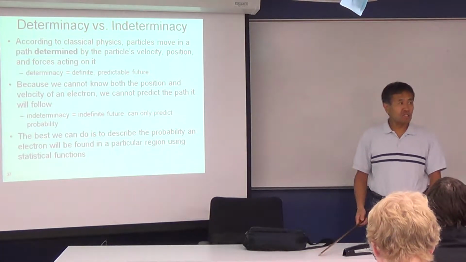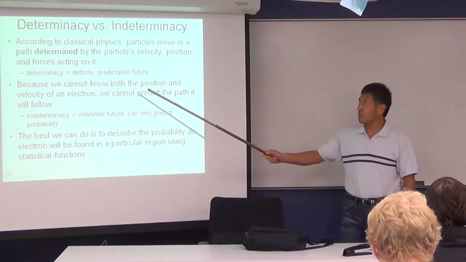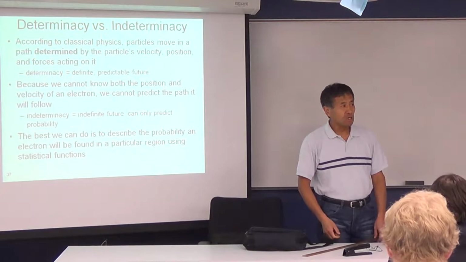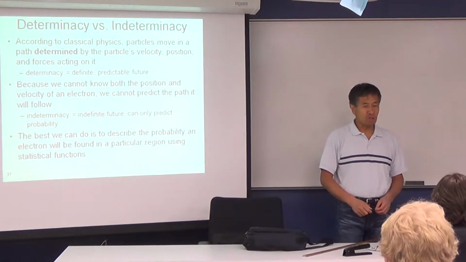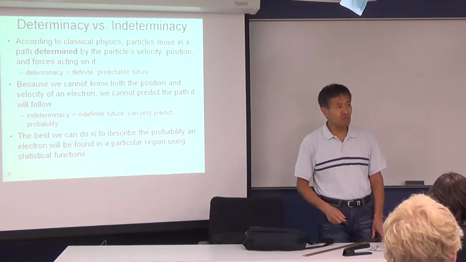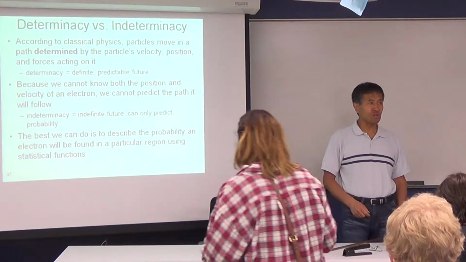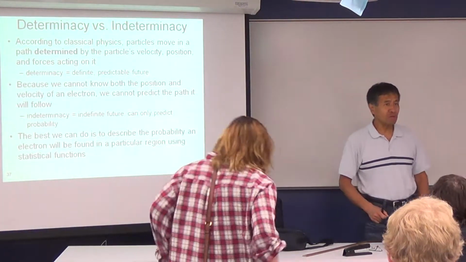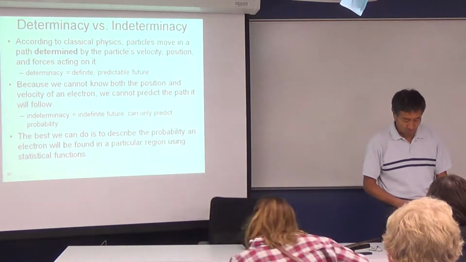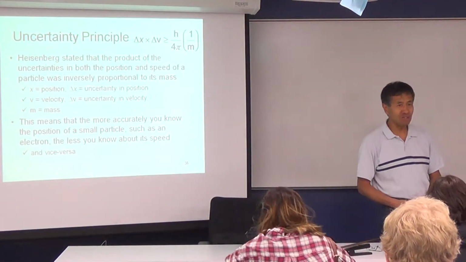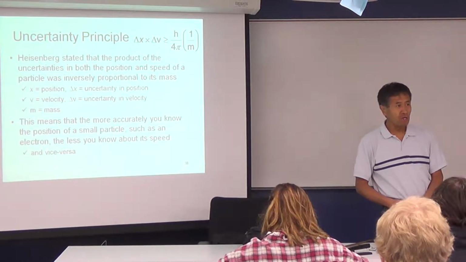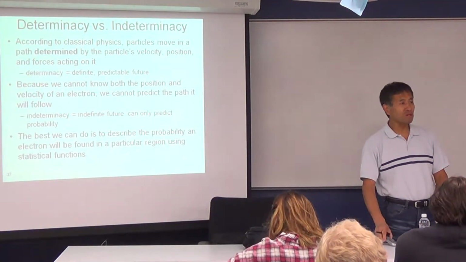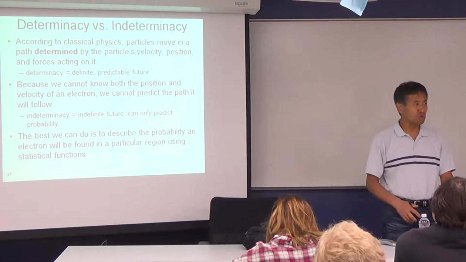And because of that, even if you use the traditional, older mechanics, the so-called Newtonian mechanics, and accept the uncertainty principle from the last slide, you don't want to come up with a new model.